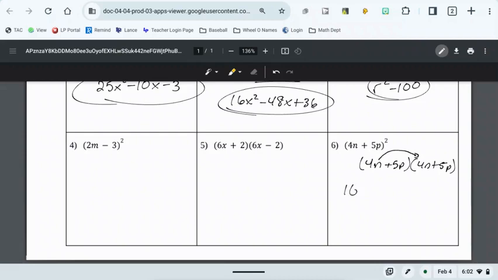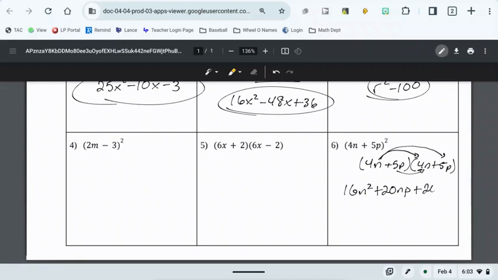4n times 4n is 16n squared. 4n times 5p is 20np. 5p times 4n will give us the same. And just because we are multiplying 5p times 4n instead of 4n times 5p, we can still rearrange and write those variables in the same order.